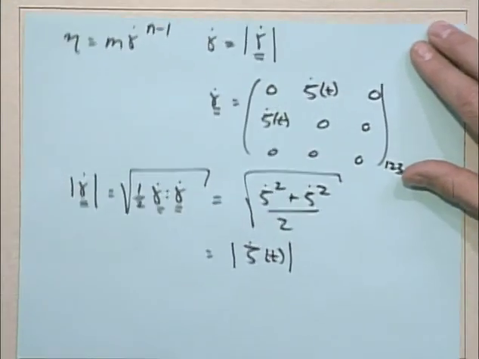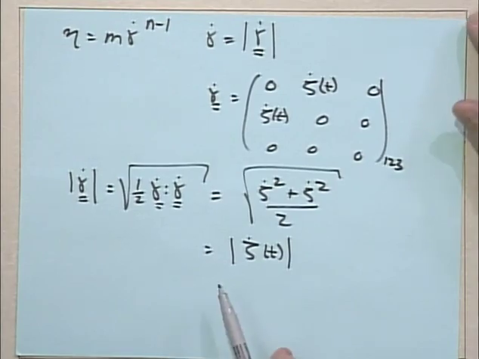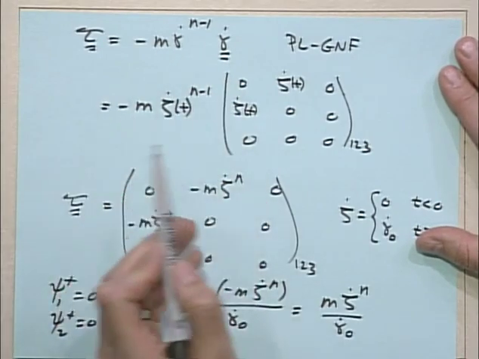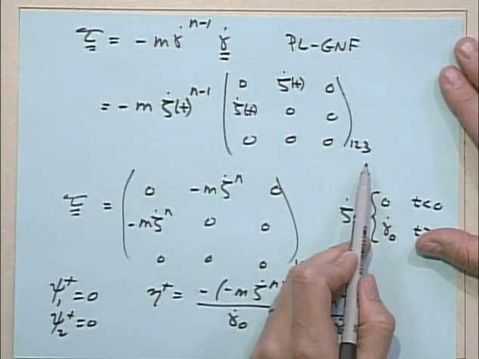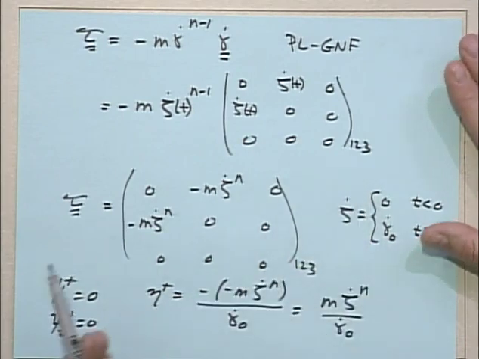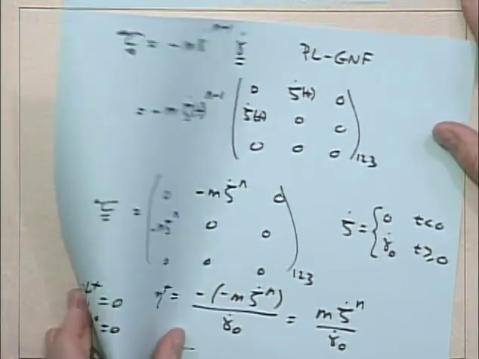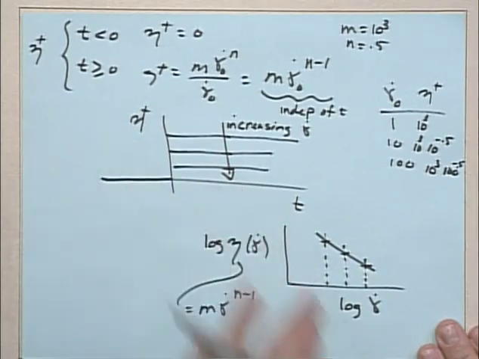So we calculate the magnitude of the rate of deformation tensor. Then we just plug everything in and form the constitutive equation. And there's the prediction for this flow. We've plugged in one particular flow, so this is now the prediction for this flow only. And then we use the definitions of the material functions to calculate those values. We get our answer, and then we can interpret our answer.